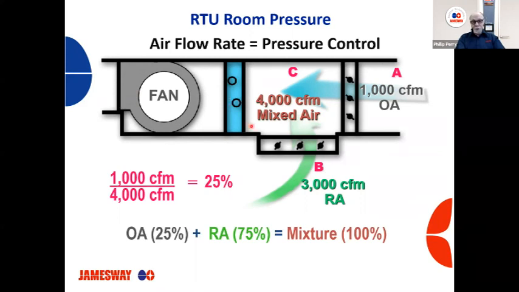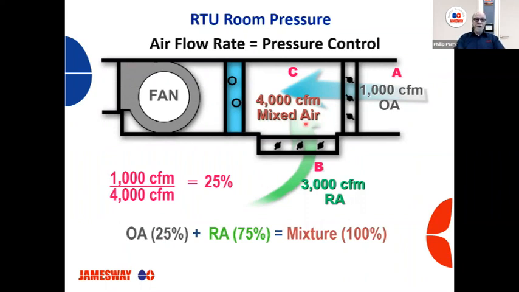But to come up with this total cubic feet of air, we're having 4,000 pulled back up, recycled through the room, and 1,000 is introduced as fresh air. So what this does, it's a mixture of 25% outside, 75% recirculated, gives us a total mixture of 100% air being dropped into the room. But at the same time, part of this is recirculating.